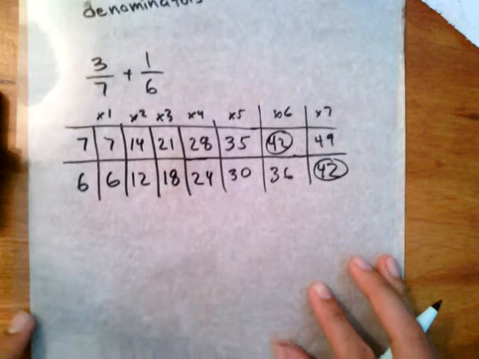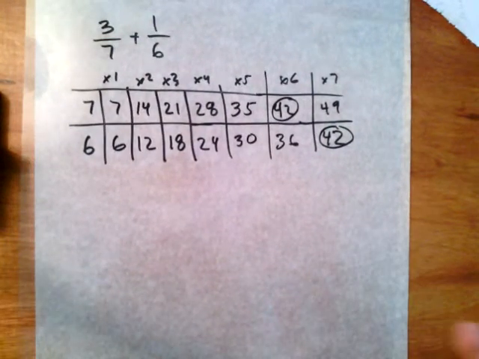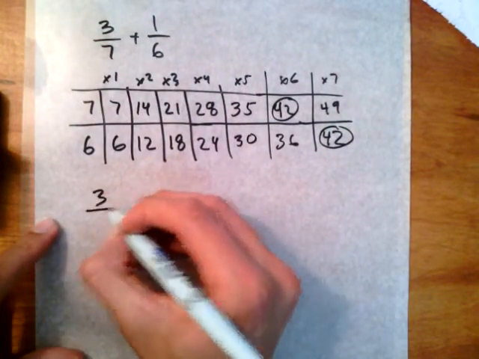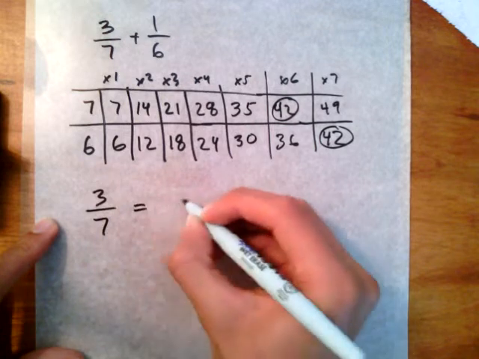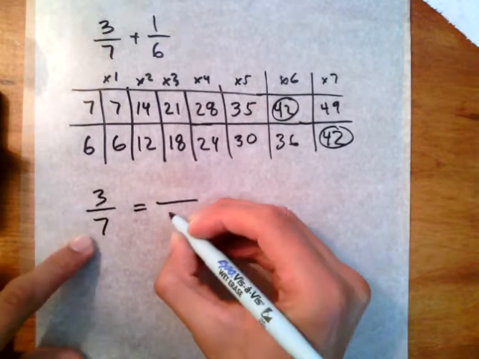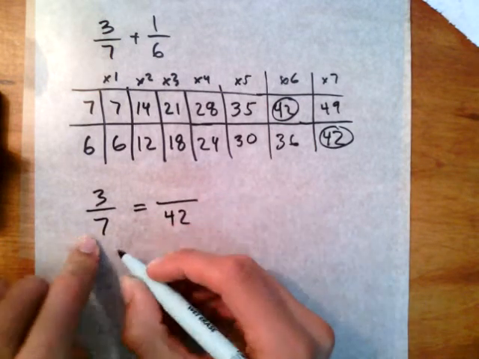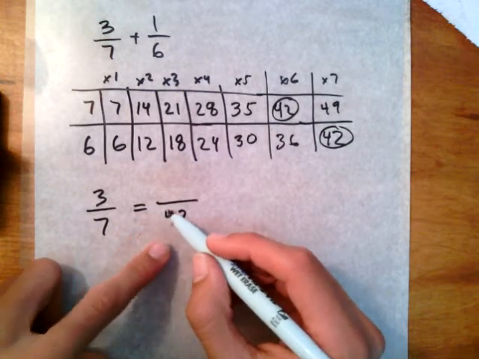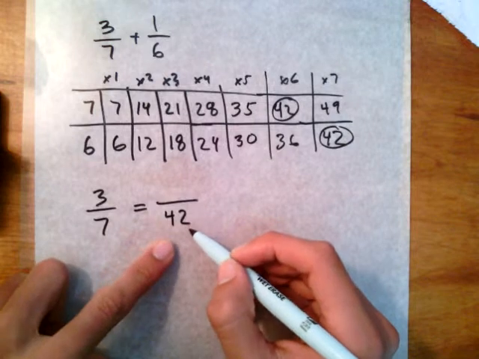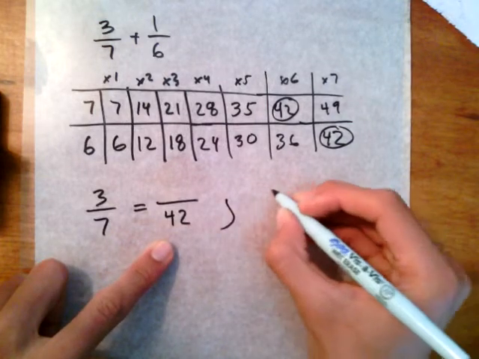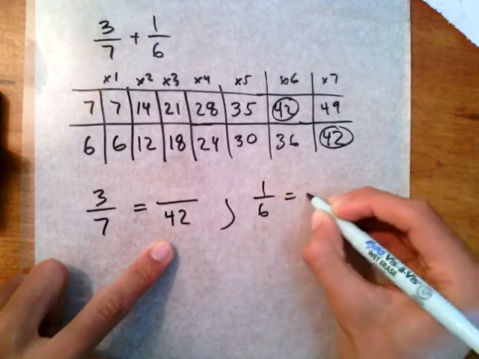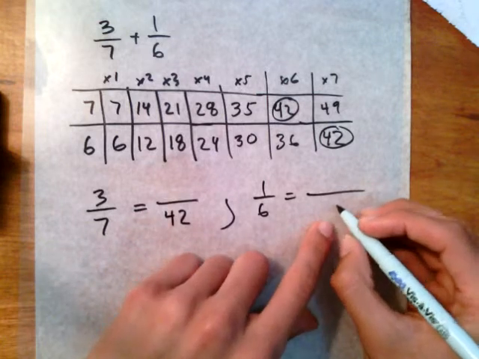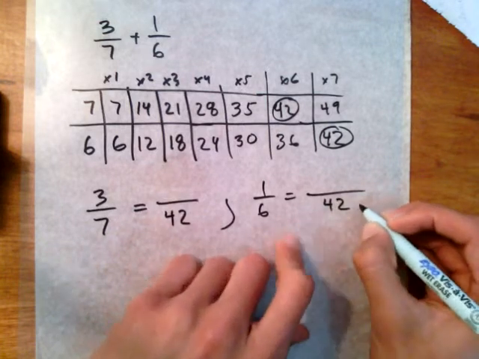Now, moving right along, we're going to utilize equivalent fractions. We want to represent 3 over 7 as an equivalent fraction with a denominator of 42. And the same thing for 1 over 6, where we want to represent it with a denominator of 42.